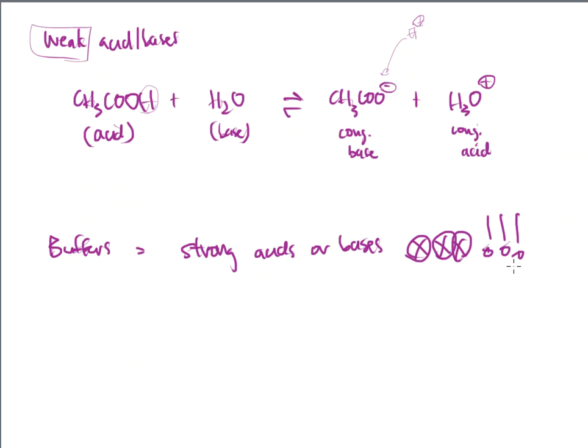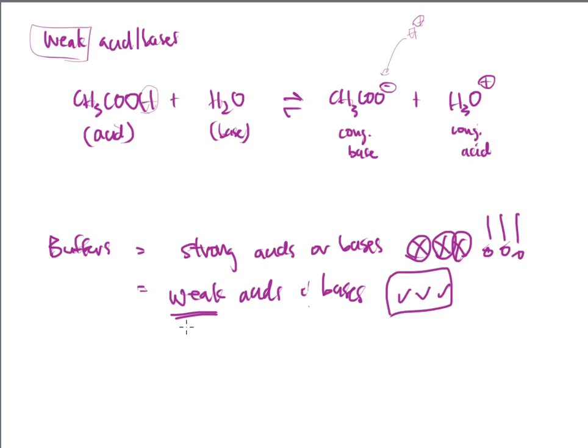So that means I'm going to have to be very particular on what is a strong acid and what is a strong base. We're just going to have to define them. There's a list of them that we're going to have to memorize. Buffers are made of weak acids and weak bases. That's what a buffer is. Weak.